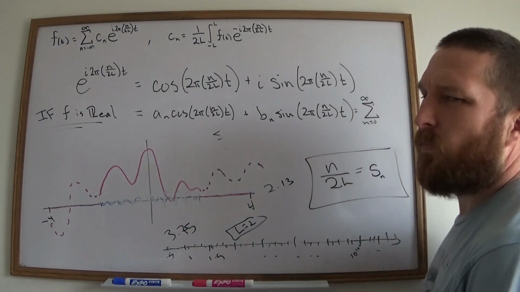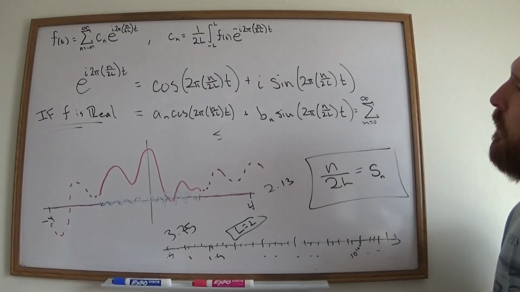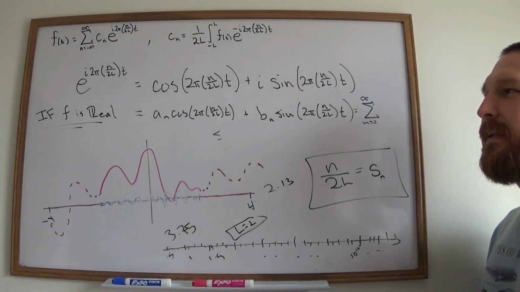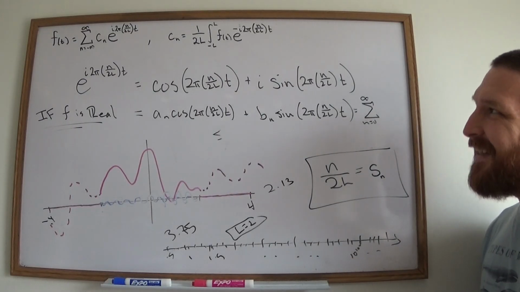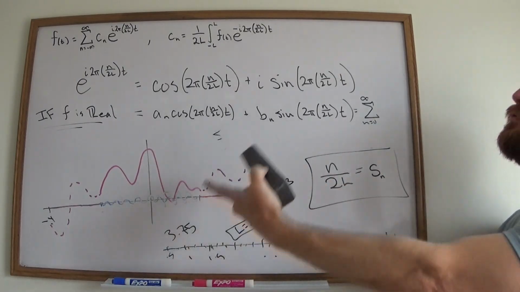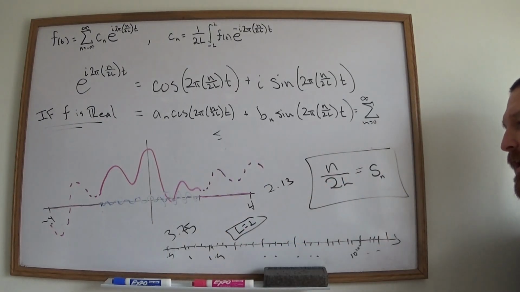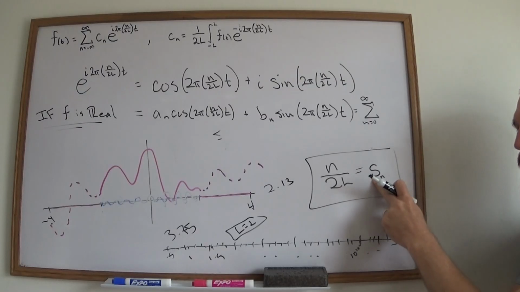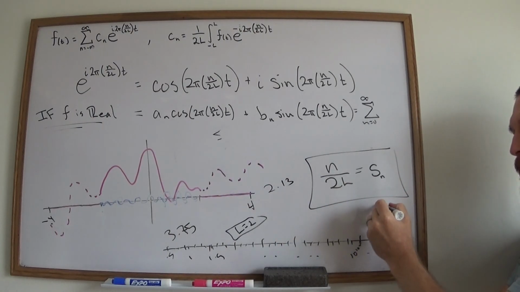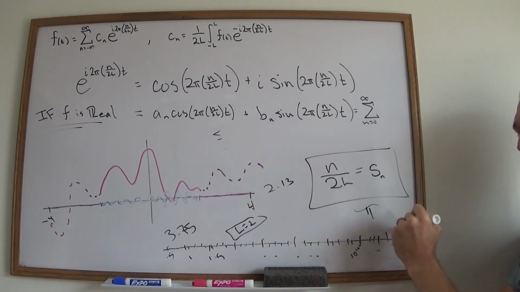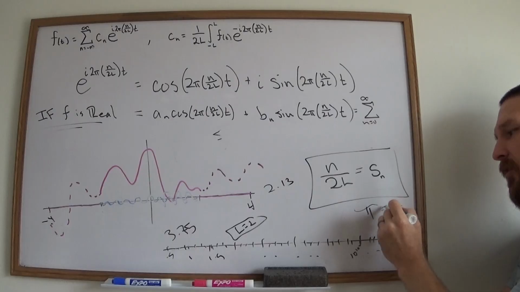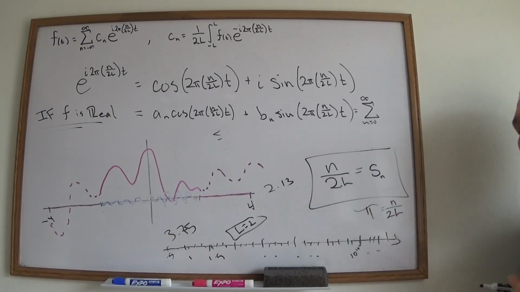So that kind of sounds like a limit, doesn't it? Let L get arbitrarily large, and then any number you choose here for S, like how much of 2.13, that'll be there. In fact, if you want to know how much of pi is in there, well, if L is arbitrarily large, you can get arbitrarily close to pi, if you like.